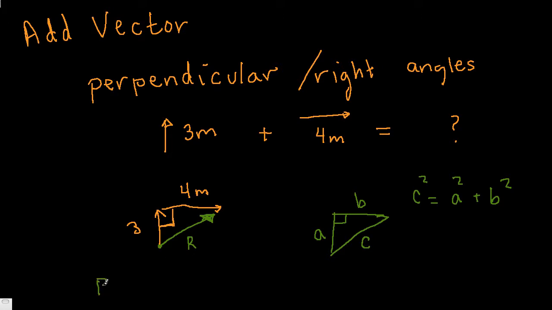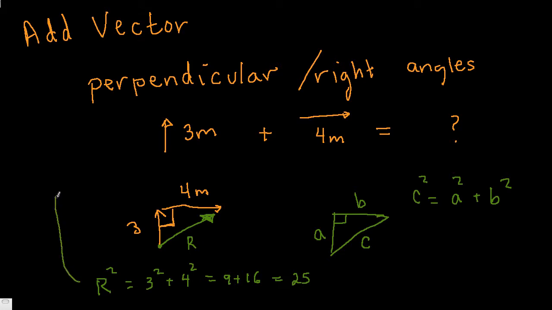So R squared is equal to, and the other sides are like A and B, 3 squared plus 4 squared, which is 9 plus 16, which is 25.